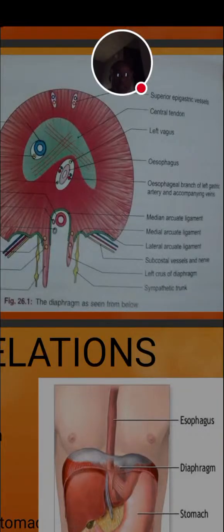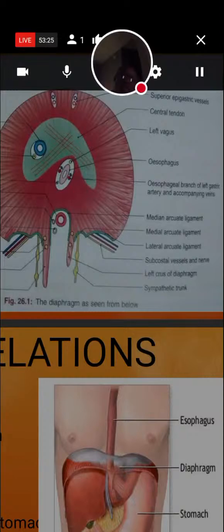While some others also originate from the tip of the transverse process and the side of the lumbar. Do you follow? I'm stretching it. I'm showing you as I'm talking. Okay. Now let's move on.